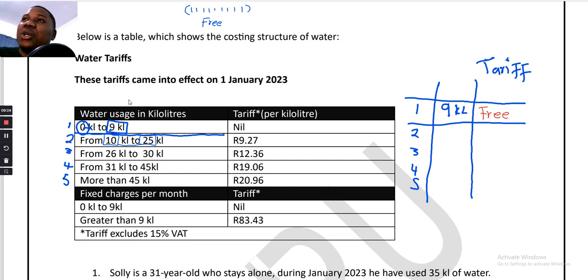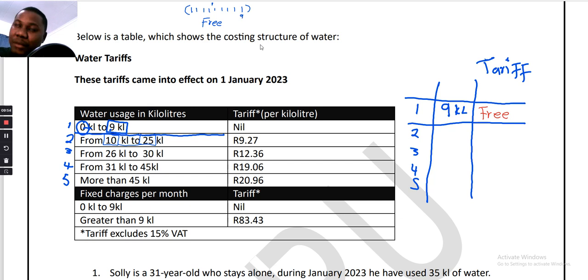When we continue with block number 2, it says we are going to start counting from 10 up until 25. When you look at our block number 1, we counted from 1 up until 9. So if your block number 2 doesn't start at number 10, it means there's a mistake that you're making. Our last number here is 9.